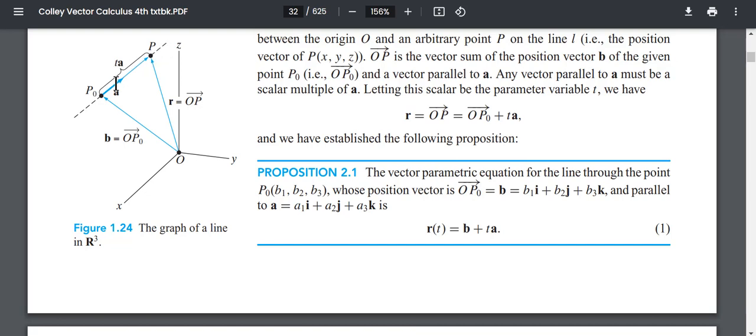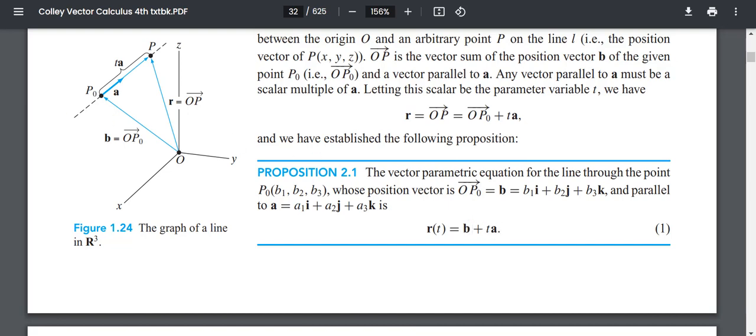So we shouldn't object to them saying R of t, because R certainly depends on t. But anyway, we can leave that out if you don't want to see that. You don't have to write that part there. We can just say R equals this plus some multiple of A. R equals B plus TA.